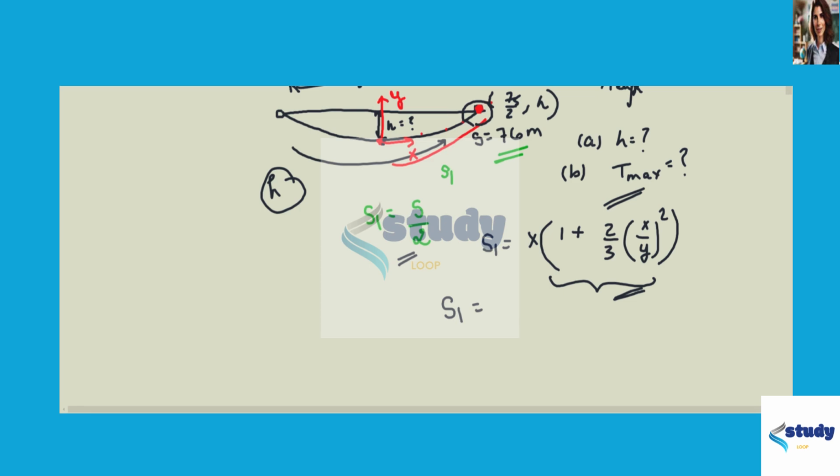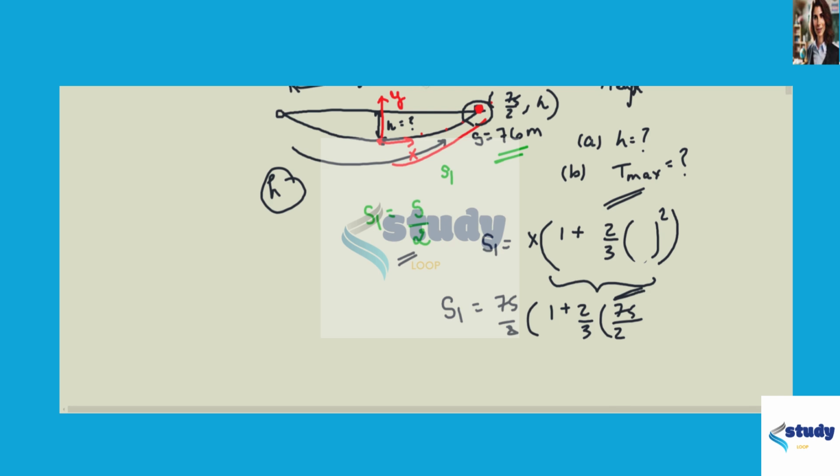So x is 75 divided by 2, 1 plus 2 over 3. This is again 75 divided by 2, and y is, sorry, this formula is not x over y, this is y over x.